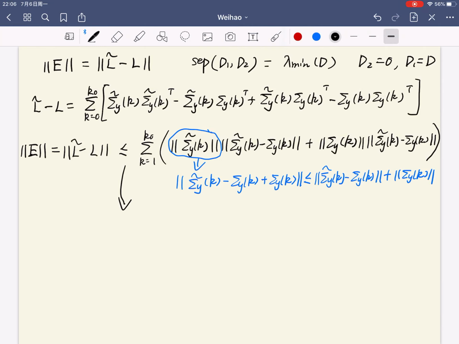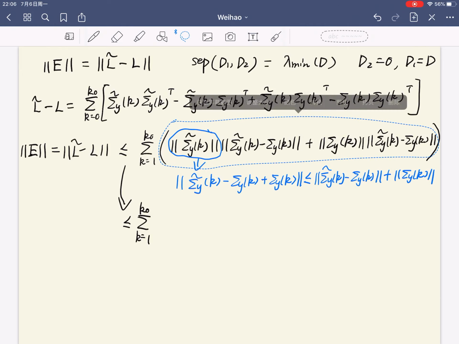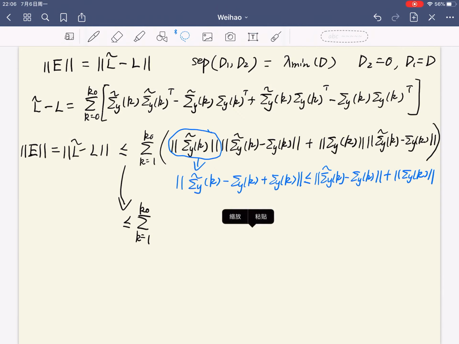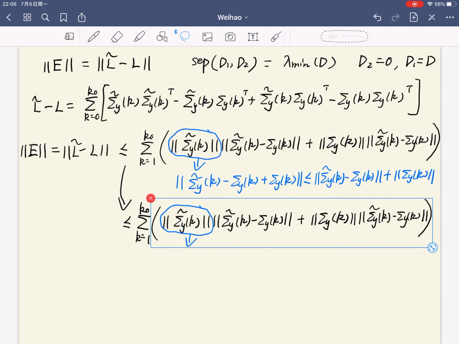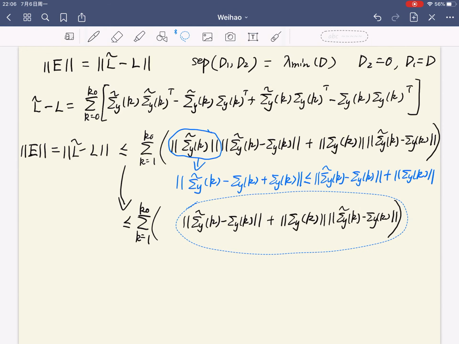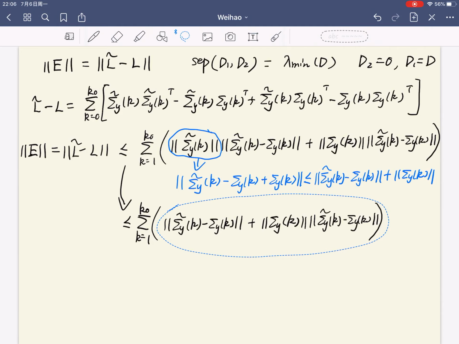So we can get, we can modify it. Yeah, the square and should be a 2.